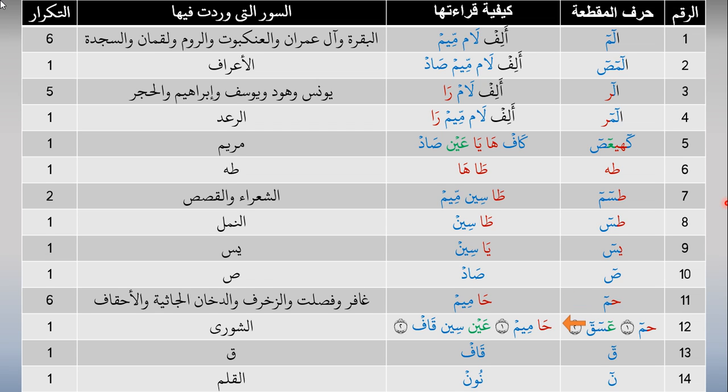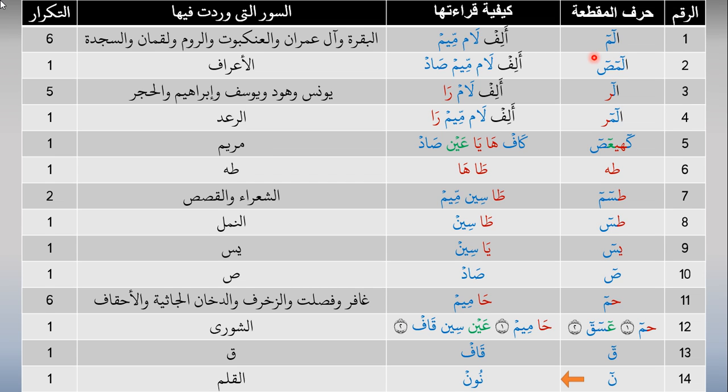Then we have Hamim, Ain Sin Qaf. That's one, Surah Al-Shura. And then we have Qaf, and that's only once in Surah Qaf. And then Noon, and that's only once in Surah Al-Qalam.